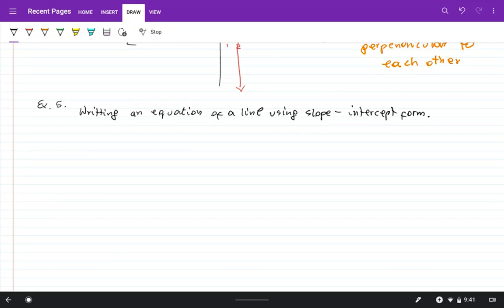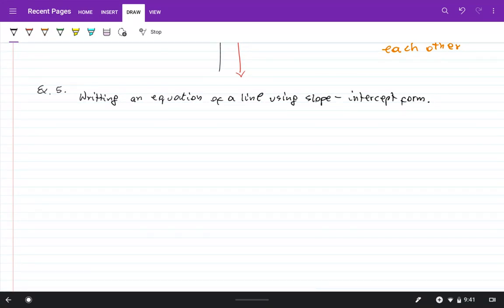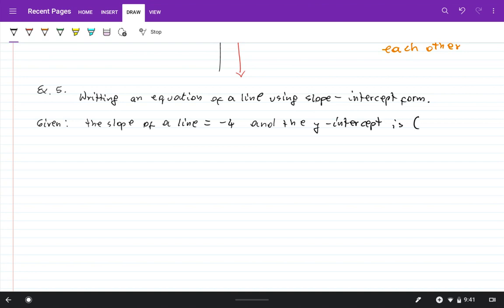This is what is given: the slope of the line equals -4 and the y-intercept is (0, -10).